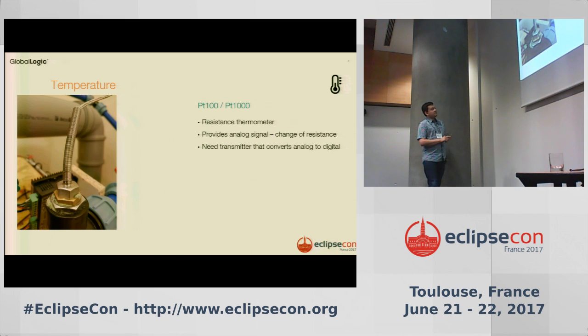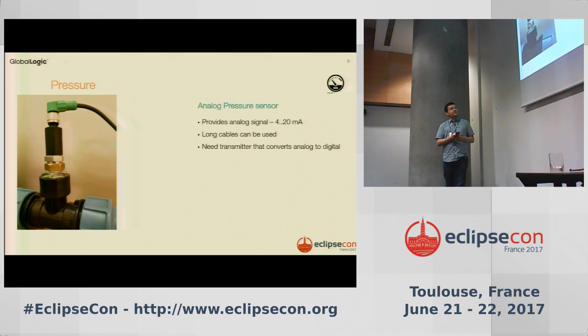There are some devices that are used in process automation, some simple ones like the temperature sensor, which is based on the changing resistance of the metal inside the sensor and giving the output. It needs to be transformed into digital form in order to be consumed by control systems or by some monitoring systems. Later we have the pressure sensor.